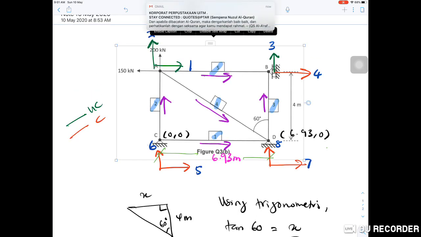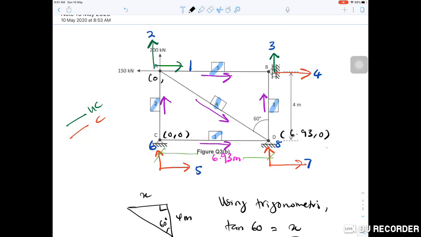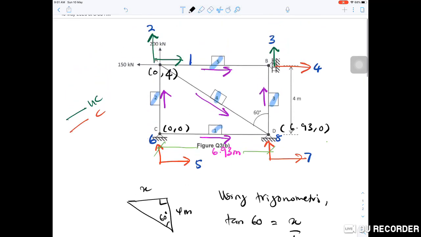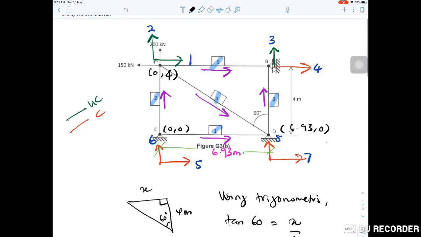For A it is 0 and 4, and B it is 6.93, 4, not times. Okay, so I have put all the coordinates.